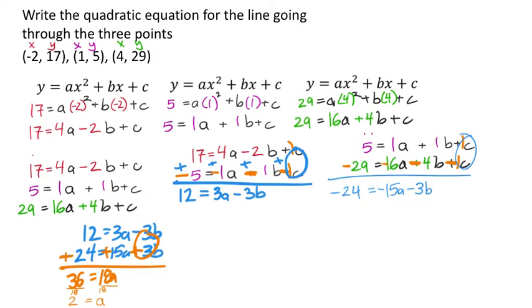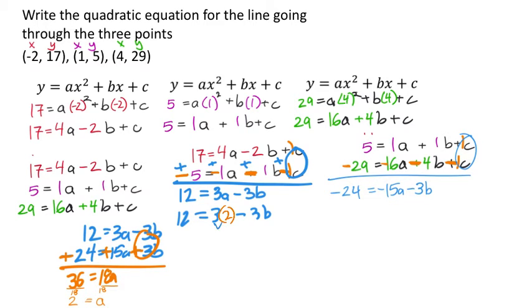And it doesn't matter which one that I choose. I choose the one on the left because it has smaller values. So I'm going to take that 12 equals 3a minus 3b, but now we're pretty sure that the a value is 2. So I go in here, I replace a with 2, the 2 that we found already. And so I just need to solve this equation for b.